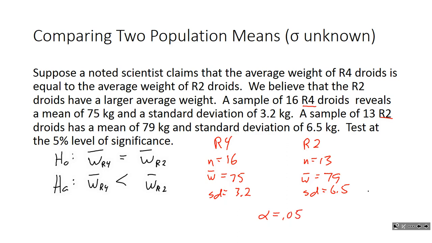Now before we reach for the calculator, let's just look at this. If you wanted to trust this sample, and if you had no reason to doubt it, then it does look like the R2 units are heavier. Average weight is 79 kilograms versus 75. But we know that when we take random samples, there's always a chance, just by the luck of the draw, that these samples may not really be representative.